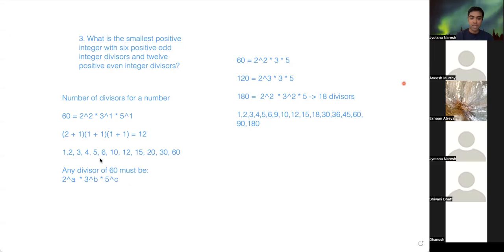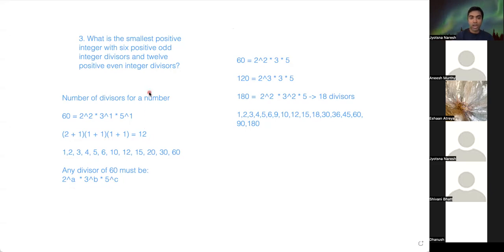So it's the same thing as b, right? Again, 5 to the power 1. So this can be 0 or 1. So this is 1 plus 1 is the number of choices for c. So the total is 3 times 2 times 2, which is 12. But essentially, each divisor is just a choice of a, b, and c.